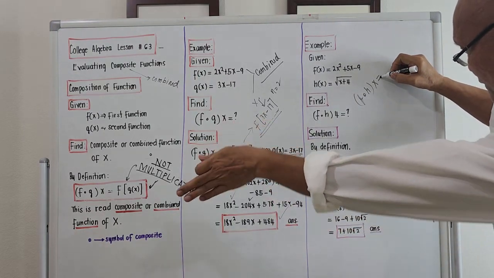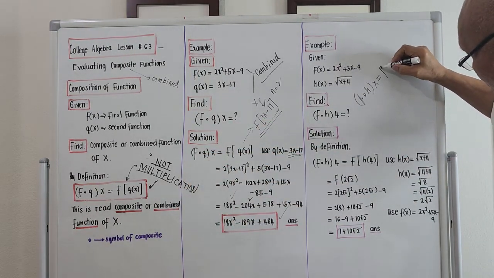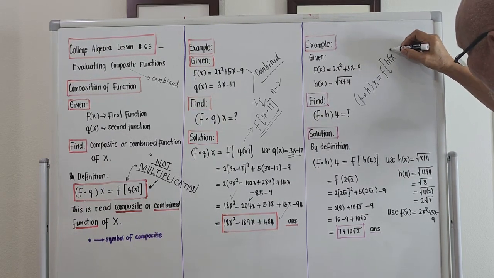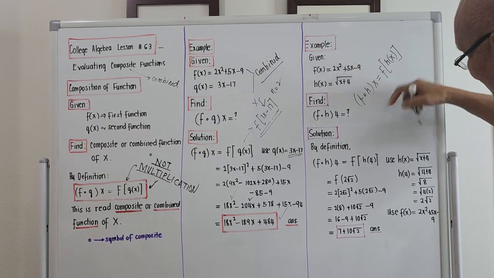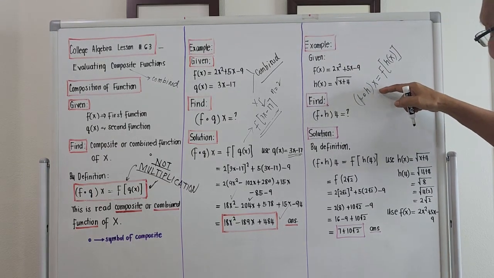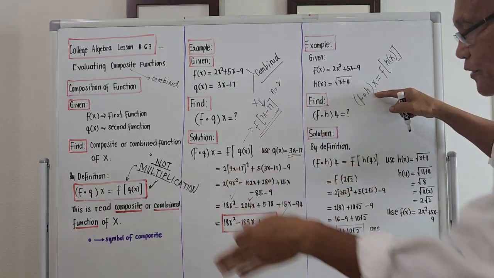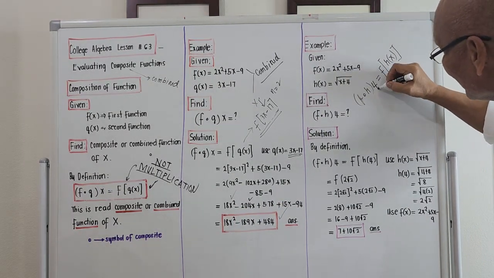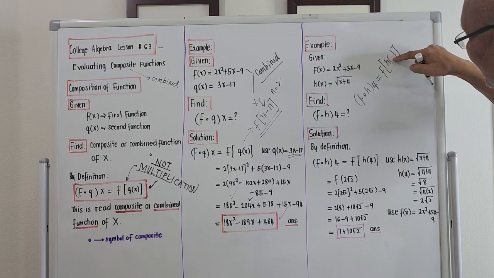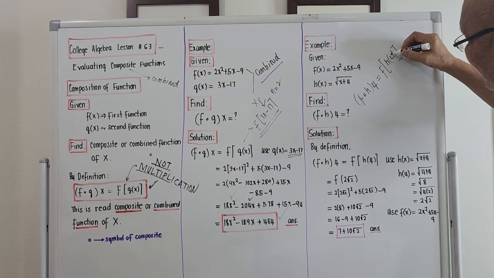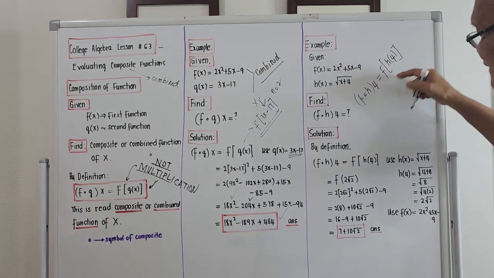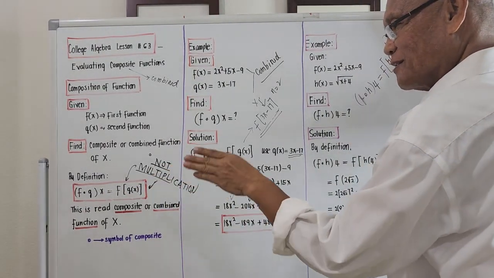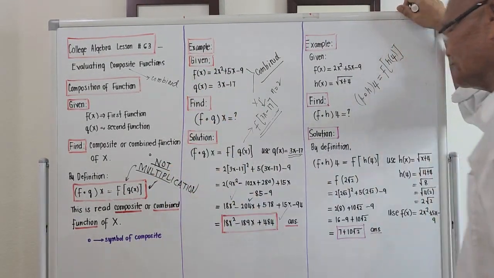Like what I said from the definition, it should be f of open bracket h of x, right? But this one now, the value x, there was a specified value 4, so this is not x, right? Okay, so this will be 4. Okay, so this one here emanates from that definition. The only problem is that the value of x is specified.